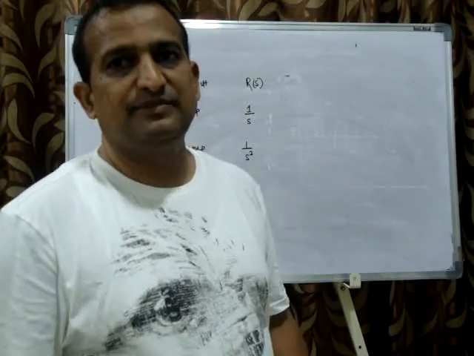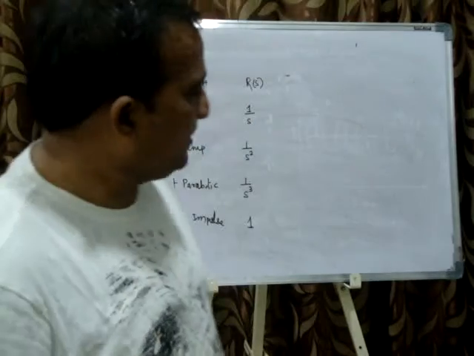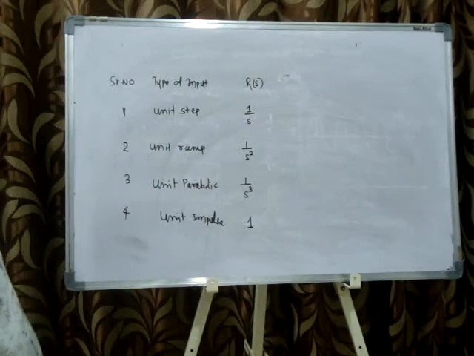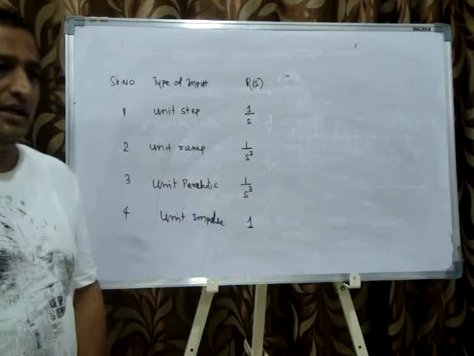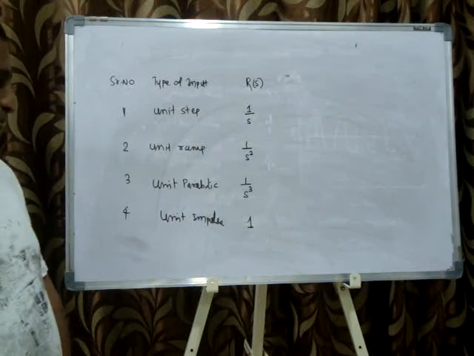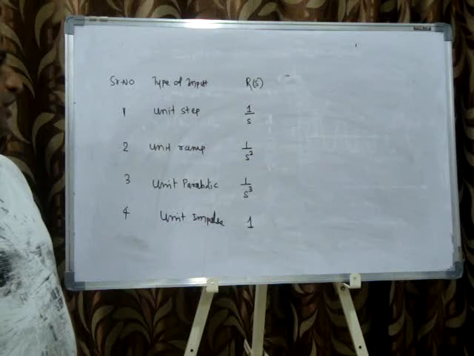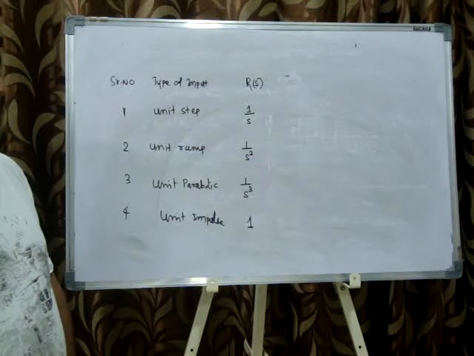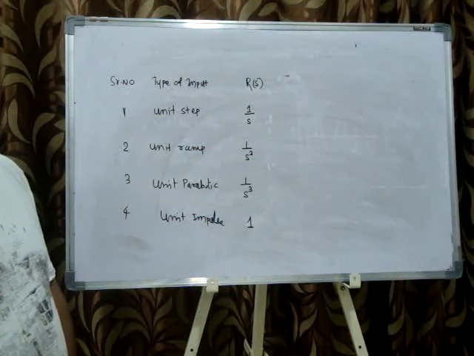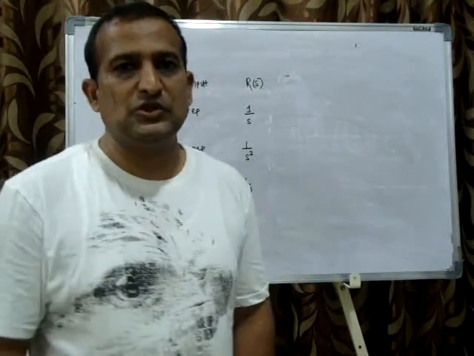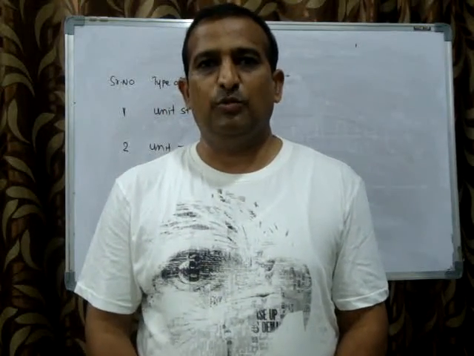Sometimes it may be a combined input, sometimes combined 3 inputs. So in this lecture we have seen the 5 types of inputs, and the mathematical modeling or equations in terms of Laplace. In the next lecture we will see the time response of first order system. Okay, I hope you understood. Thank you.